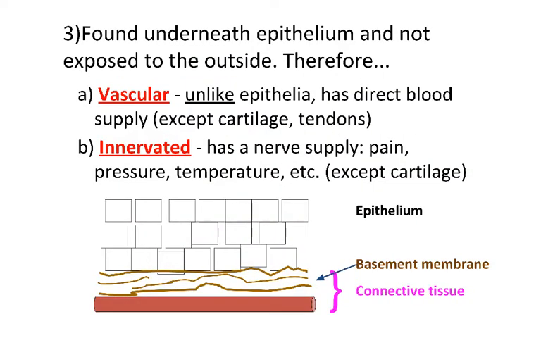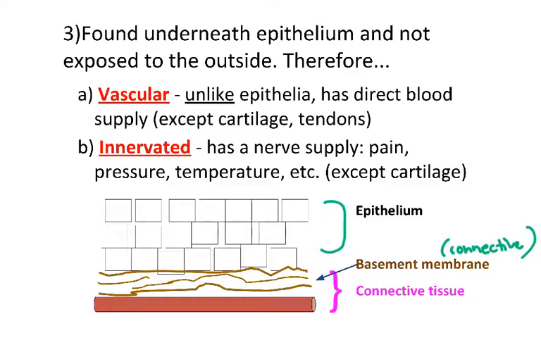All right. So, reminding you, this is epithelium above here, but the thing about connective tissue is it's always underneath, it's never exposed, it's always underneath a layer of epithelial tissue. And the basement membrane is a special type of connective tissue, just reminding you. But the key here is the additional connective tissue beneath the basement membrane holds lots and lots of stuff.